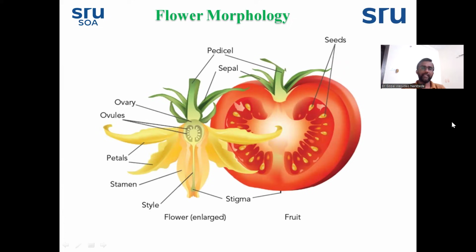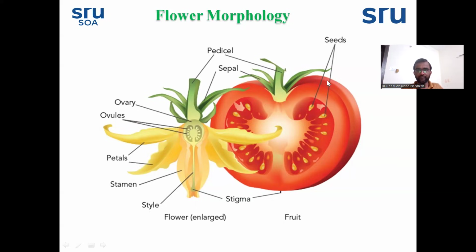Here you can see, this is the pedicel, this is the corolla, this is the calyx, that is sepal. These are the petals. Then this is stamen, this is stamen. Then style, stigma and ovary, this is ovule.